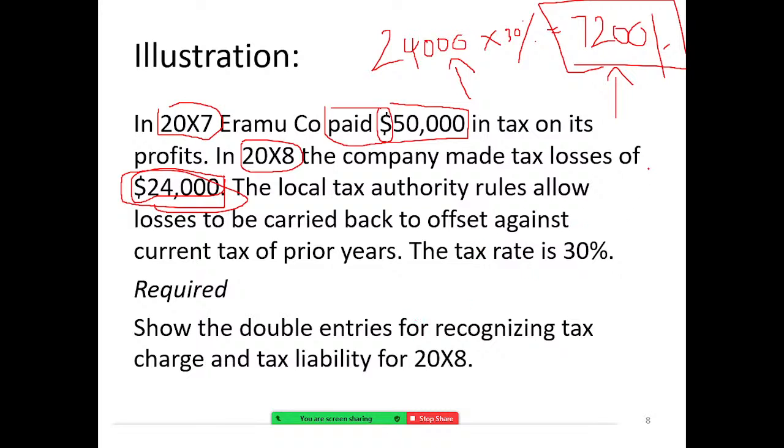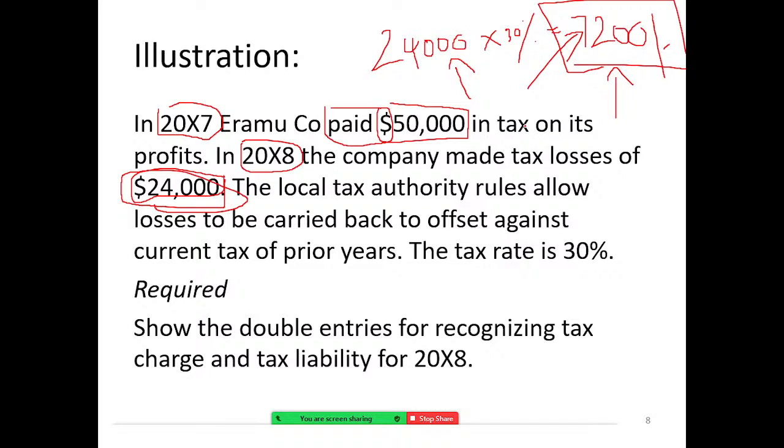So what is the double entry here? It's an asset, no? Yes or no? It's an asset. So it should be disclosed in the balance sheet. And when you pay income tax, it's an expense.